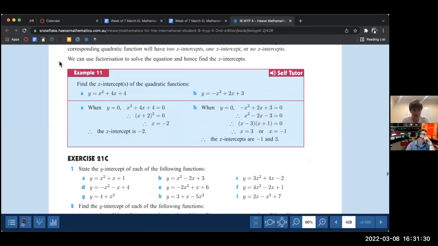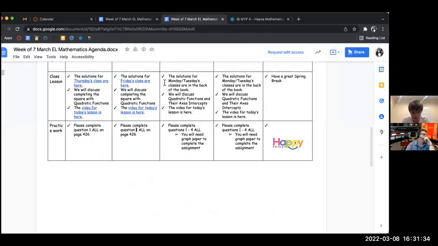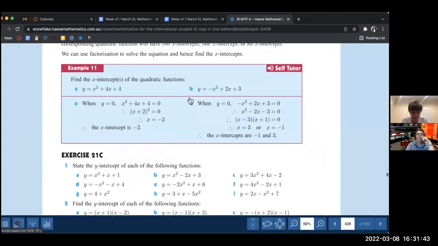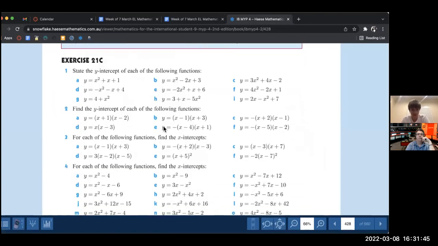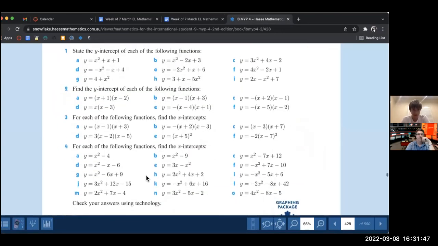Oh, it's like blocking. I can't see the. It says quadratic function and x-intercepts. And then this says 1 through 4 is just these problems. Oh my goodness. It's a lot.